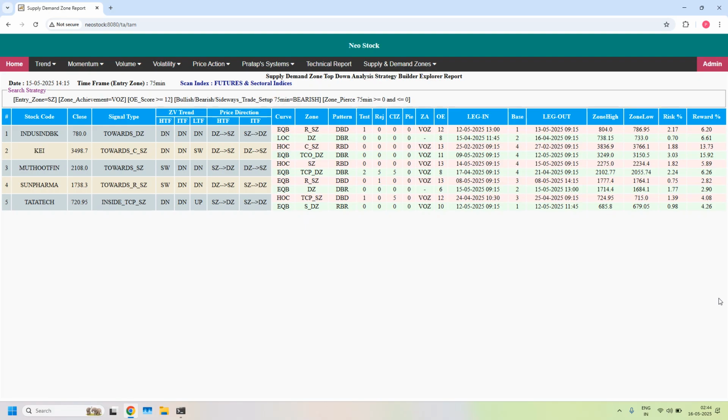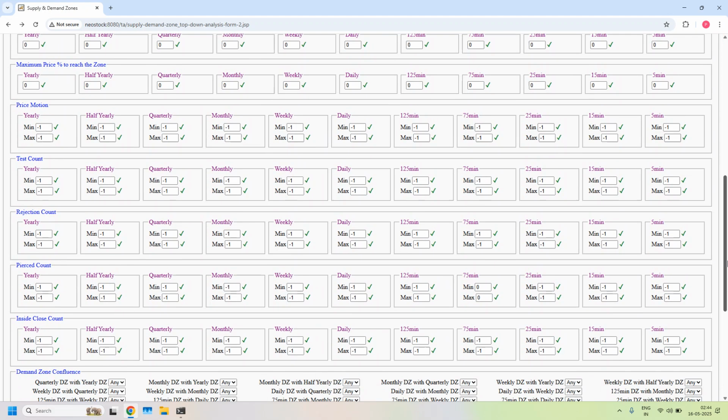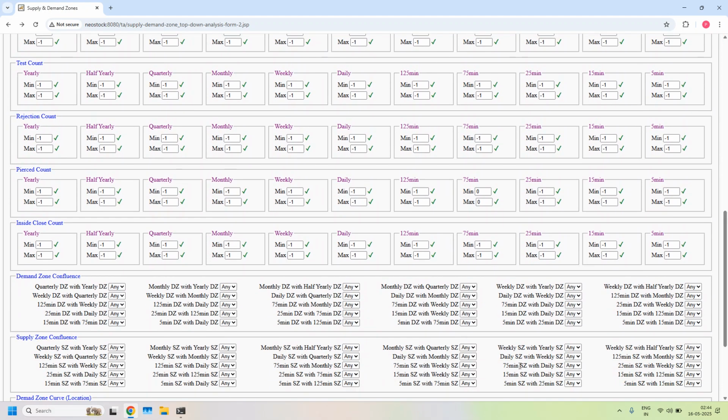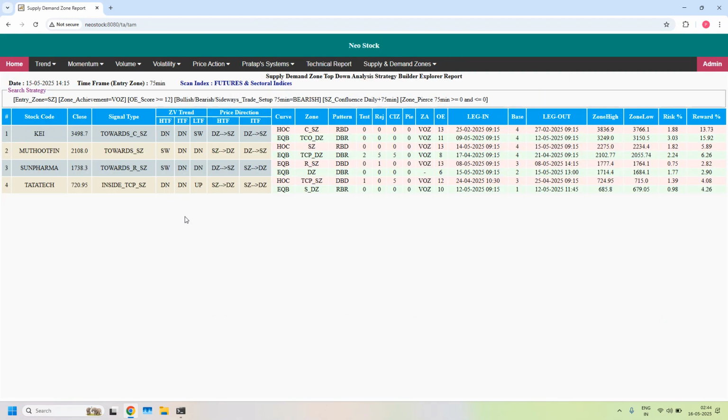Bearish trade setup for weekly income trade, and the entry time frame zones are 75 minutes supply zones. Let's identify high probability trade setup zones from this list. First filter, 75 and daily supply zone confluence. With this filter, out of 5, 4 are filtered.